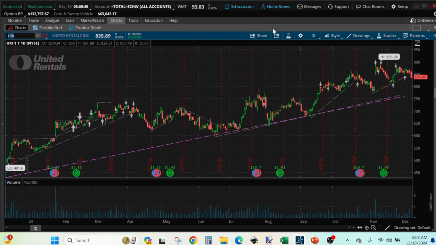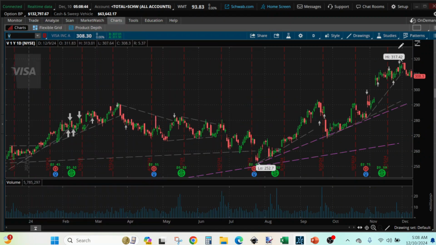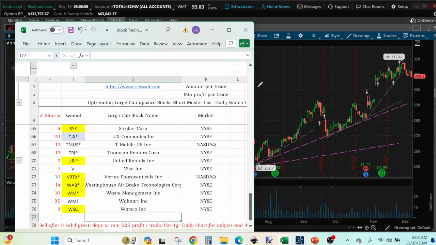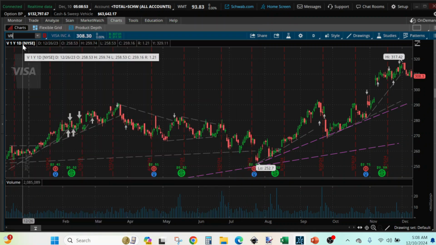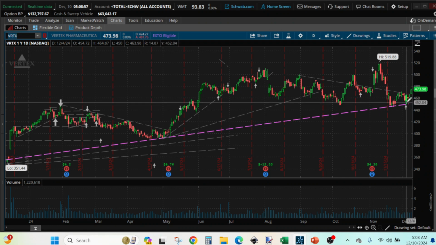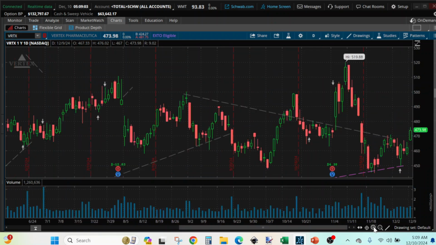V, we like to wait on it on this line. VRTX, we bought it on that line, the first green bar on that line, and it started to go up from there.